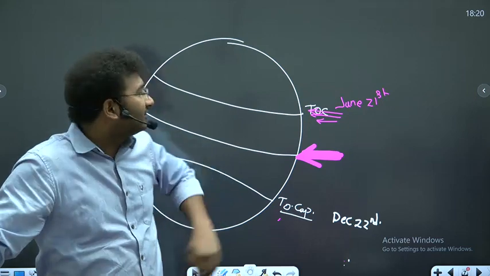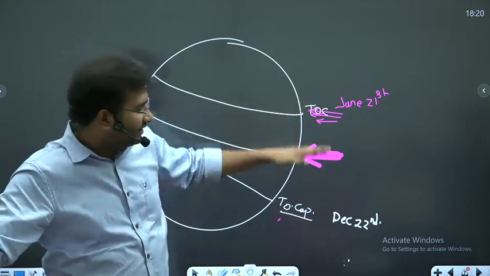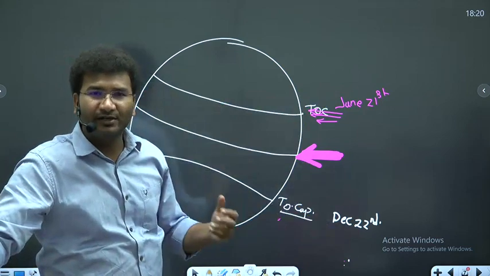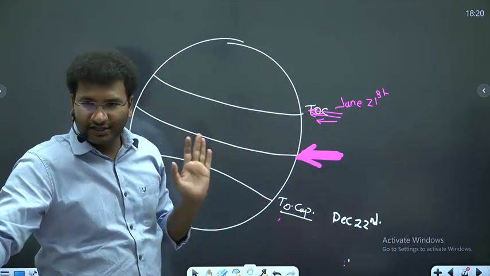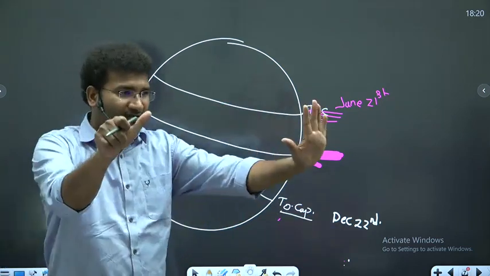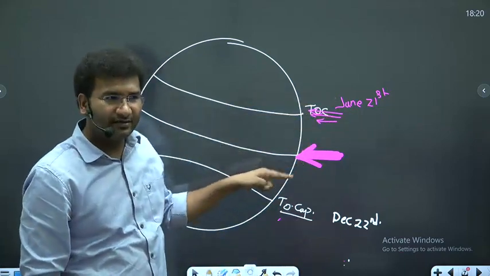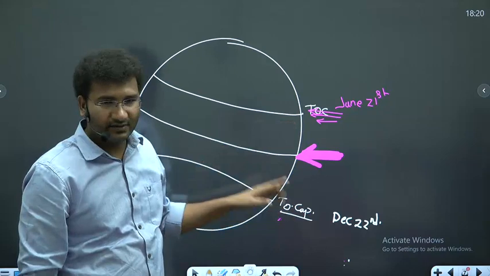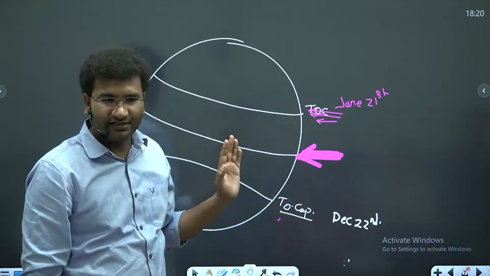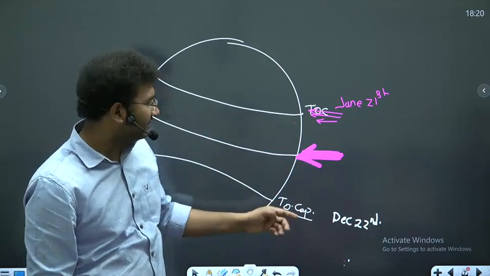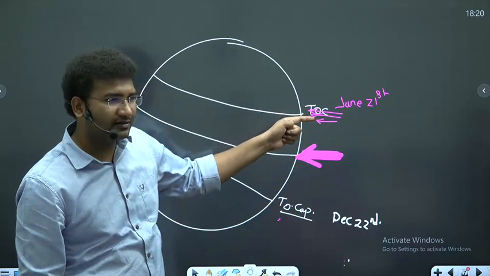See, it is simple. From 21st June to December 22, how many months are there? 6 months. That means 6 months from here to here. The equator is exactly between these two, right? Can you comprehend this logic? The equator is present exactly between Tropic of Capricorn and Tropic of Cancer.